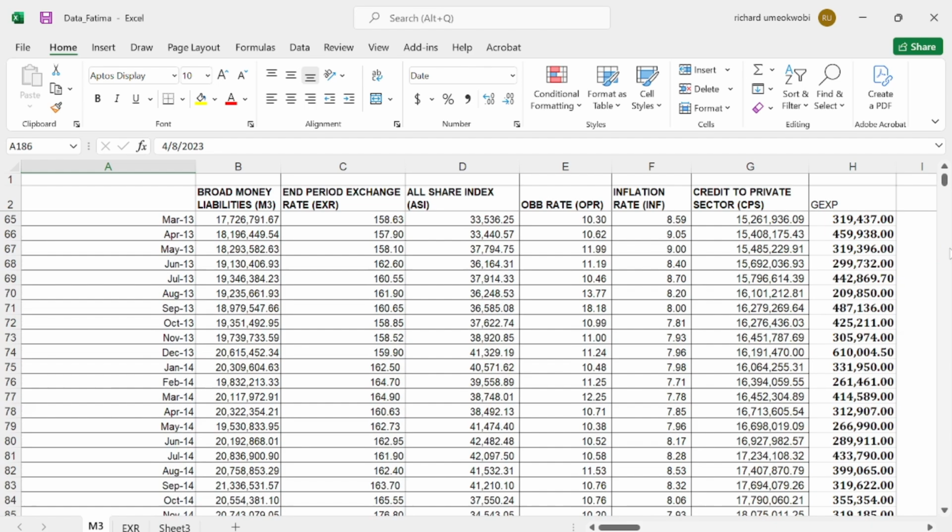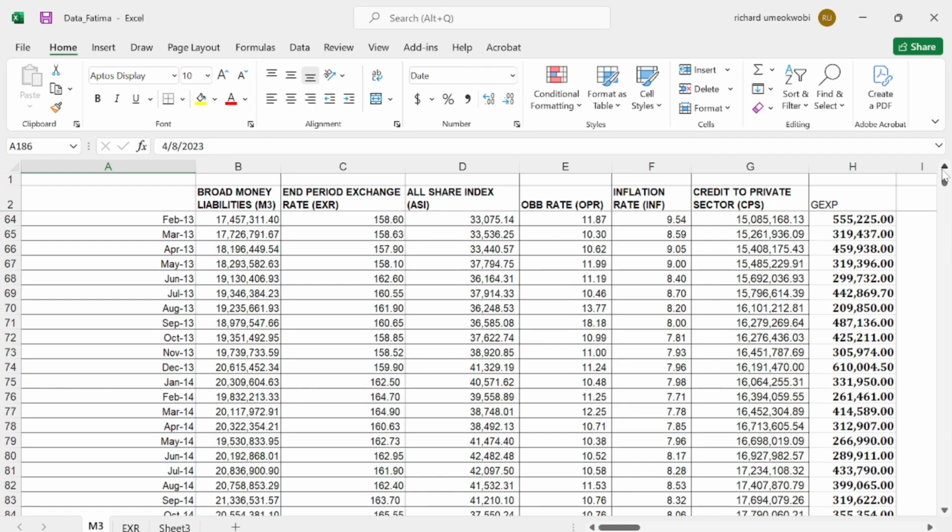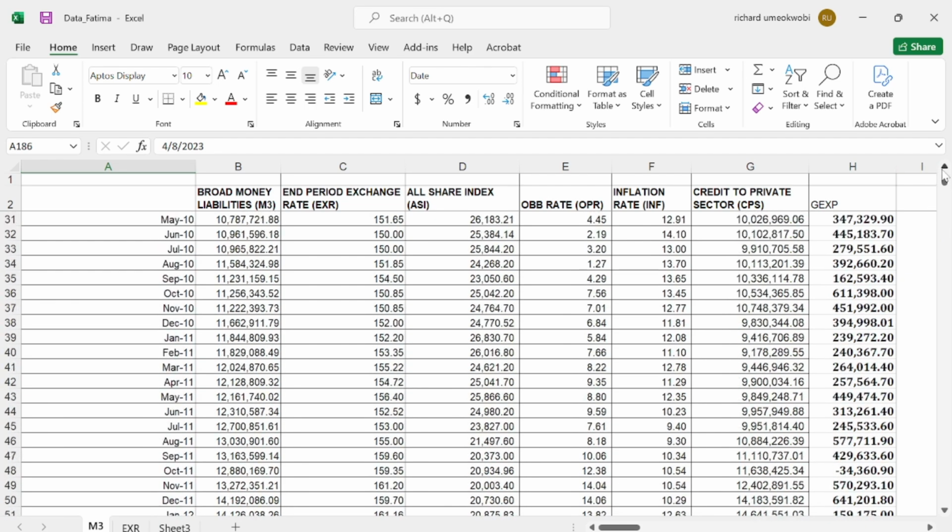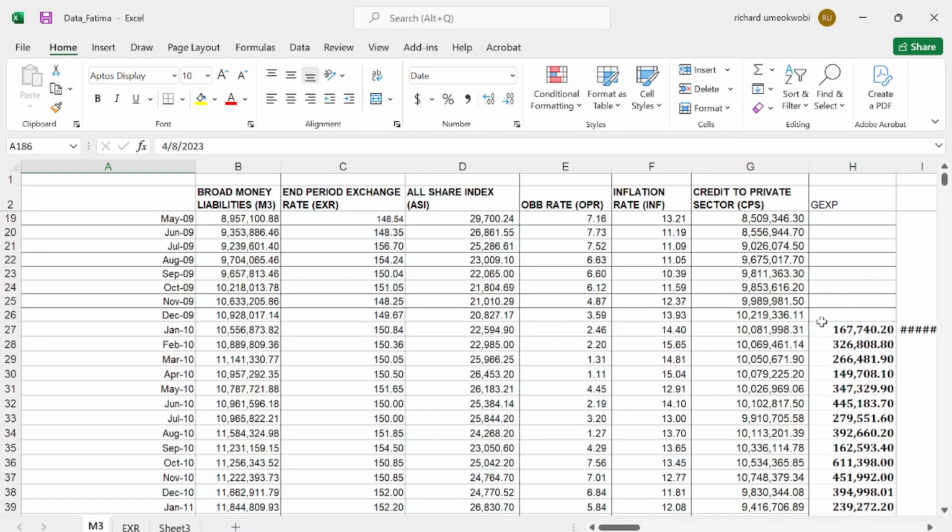So we are going to start from January 2010, so that we can include government expenditure and make more interpretation from our data set.